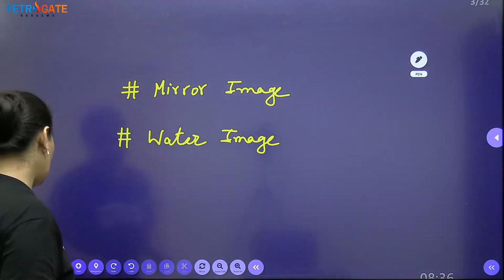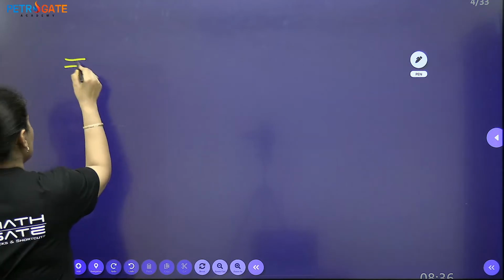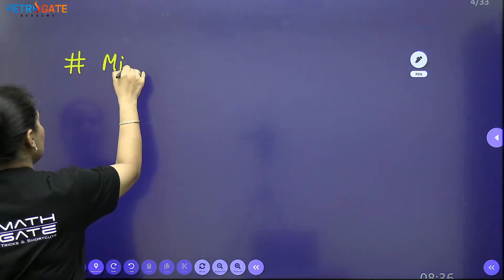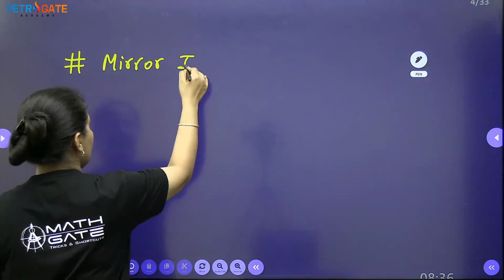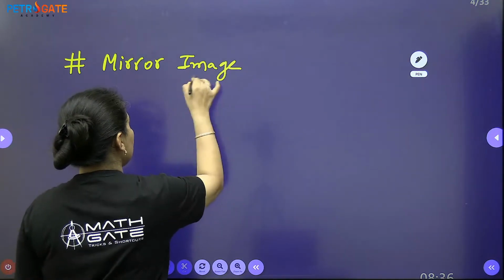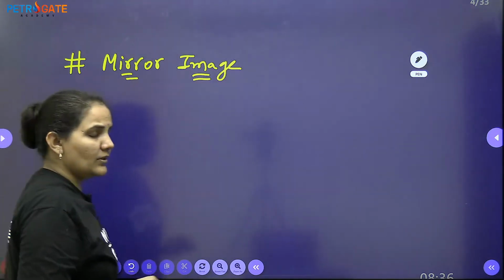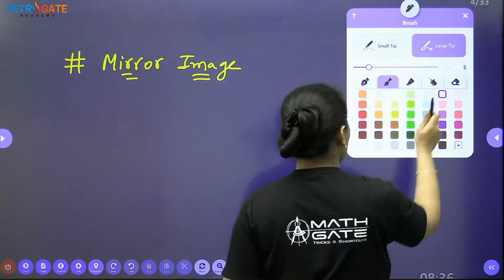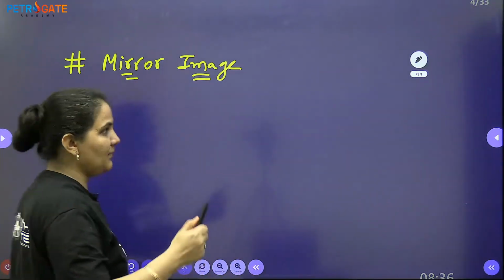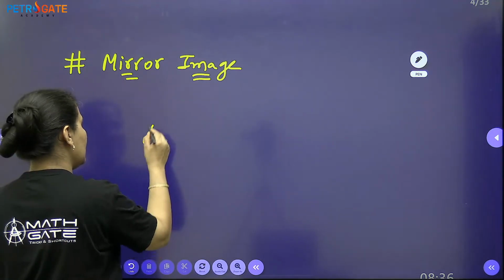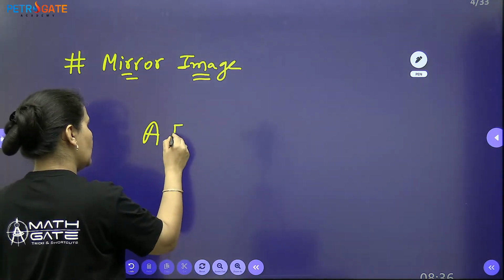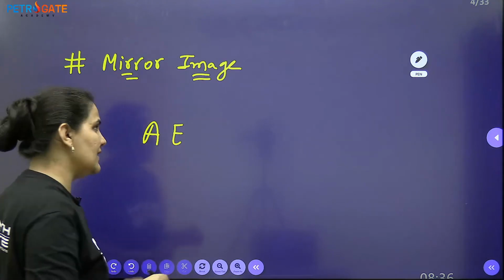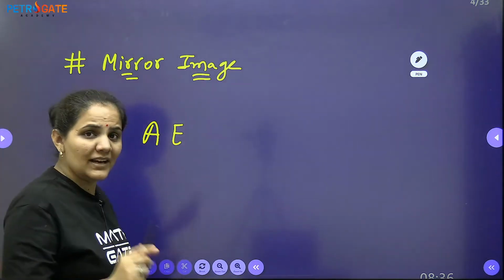When we talk about the mirror image, dear students, of any figure, any number, any digit, or any word, exactly we are talking about the same thing. Let me show you here. Suppose I am writing here A E. I am writing only two letters, A and E, and I have to find out the mirror image of this.